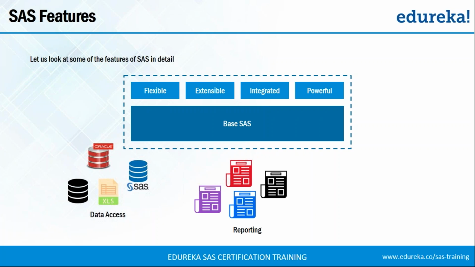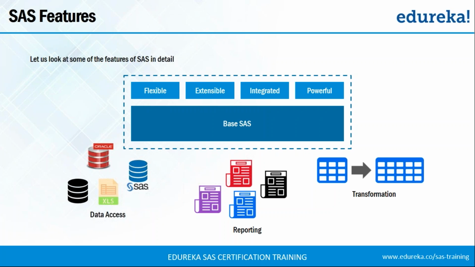Reporting, of course, as I mentioned in the last slide. So once you have the data in, there is a data set created in SAS. Once a data set is created, you can merge the data sets or do some vertical or horizontal cutting of the data to come up with the report required by the business. So SAS is very much capable of that.